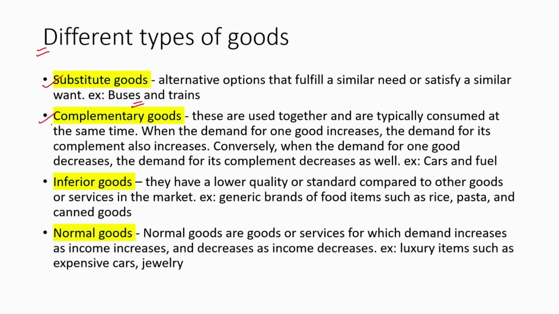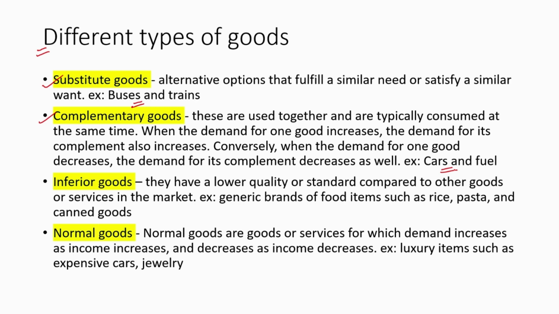Complementary goods. These are used together and typically consumed at the same time. When the demand for one good increases, the demand for its complement also increases. Conversely, when the demand for one good decreases, the demand for its complement decreases as well. For example, cars and fuel.